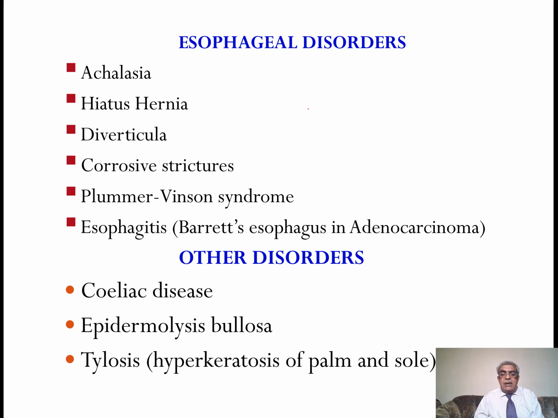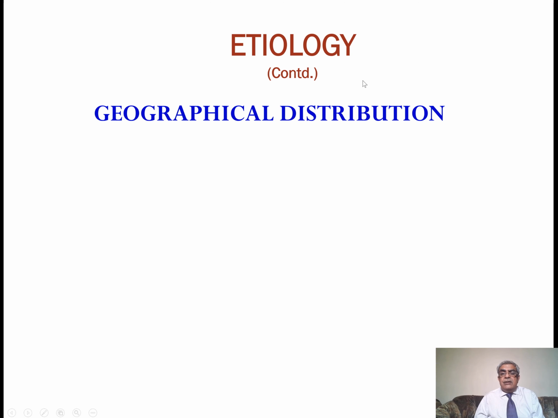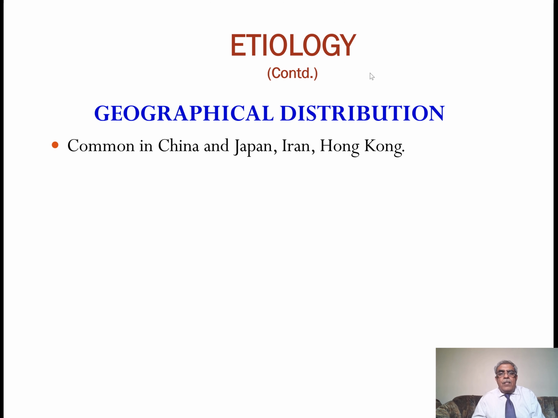Other disorders like celiac disease, epidermolysis bullosa, and tylosis, which is thickening of the skin of the palms and soles, that is hyperkeratosis of palm and sole. Geographical distribution: the incidence is much higher in certain countries, common in China, Japan, Iran, Hong Kong.